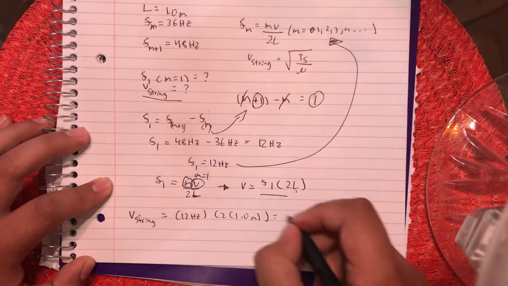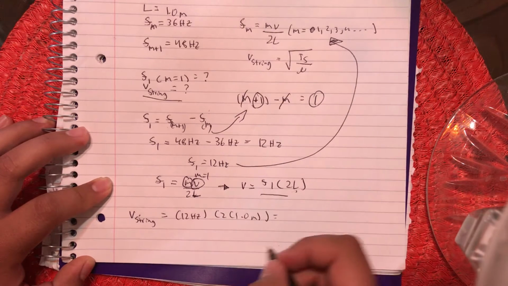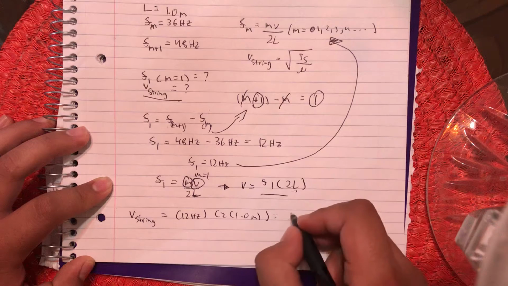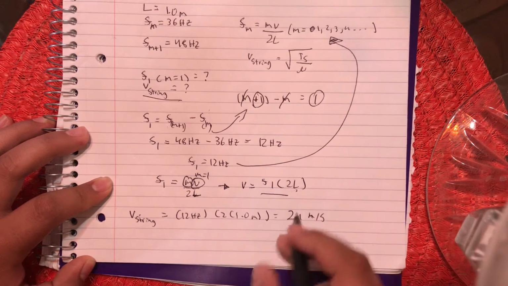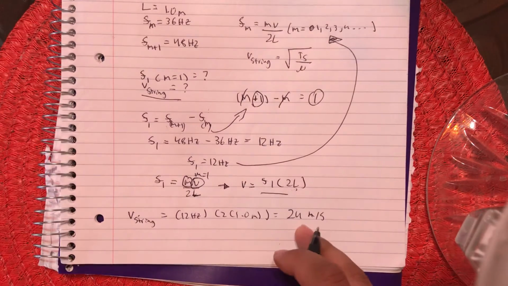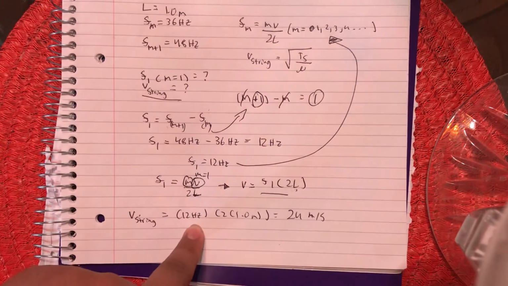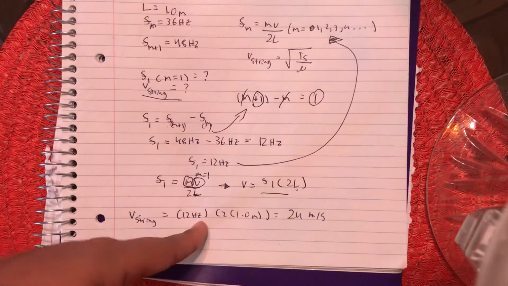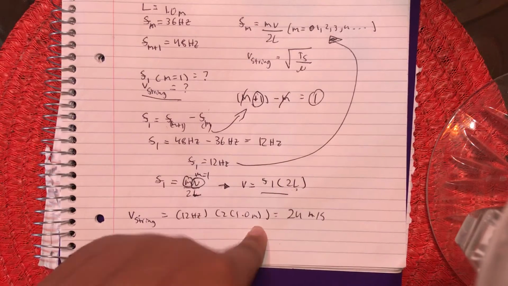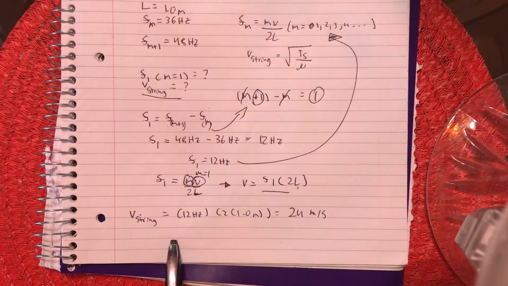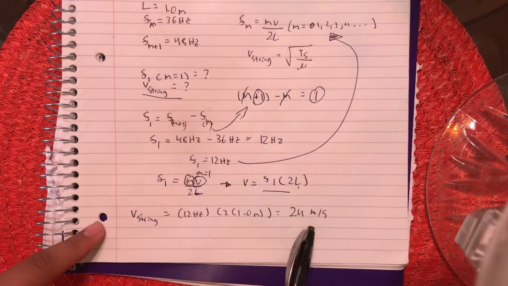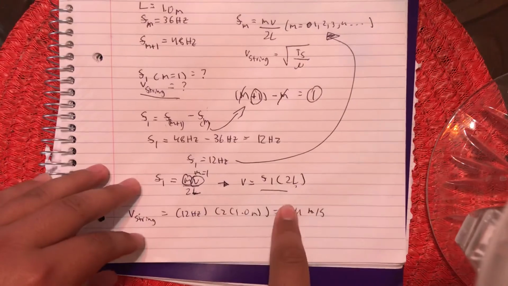Once we calculate 12 times 2 times 1, we get 24 meters per second. We want the units to be meters per second; Hertz is reciprocal seconds, and we have meters, so that's how we got these units. So the wave speed as the wave propagates along the string is 24 meters per second.